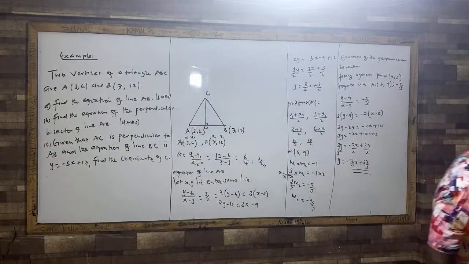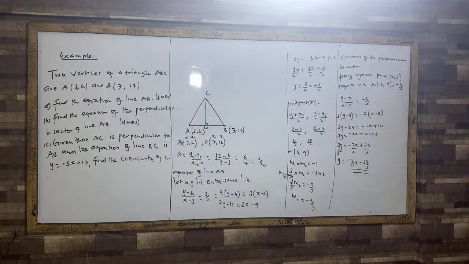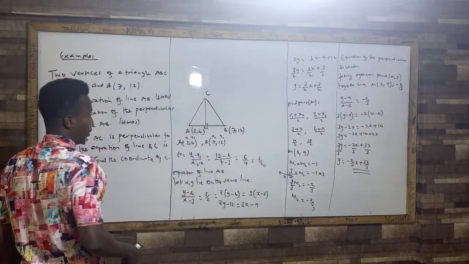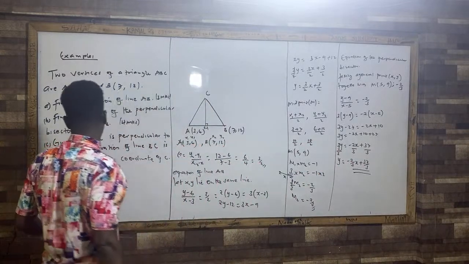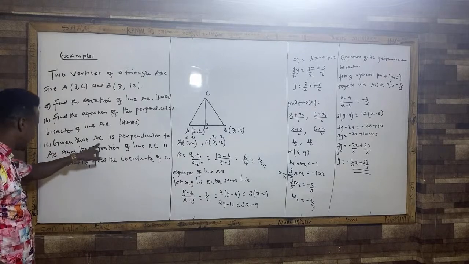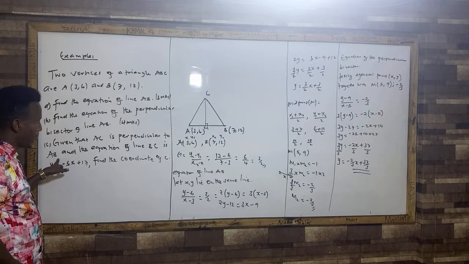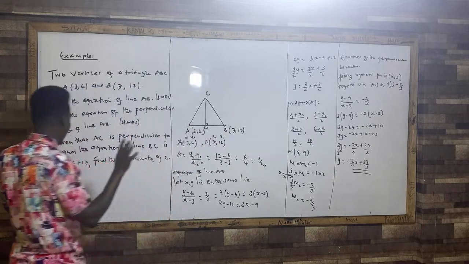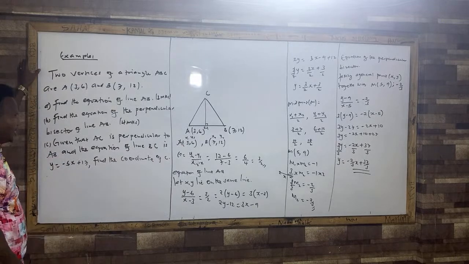So what we are going to do is get the equation of this one, because we are told that AC is perpendicular to AB. They're saying that. And the equation of BC is what?